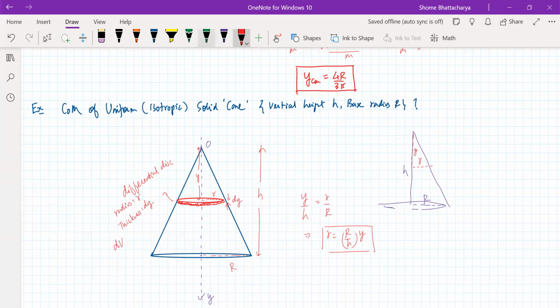First of all, the solid cone is a volume distribution. So when we use integration, this has to be density into dV. Density will become mass upon volume.